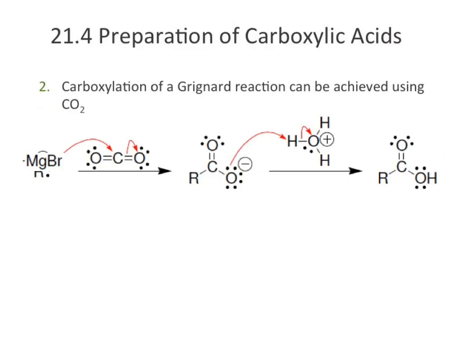The other thing we can do to make our carboxylic acid is that we can react CO2 with a Grignard reagent, everybody's favorite reagent. Grignards are that strong nucleophile. The carbon in CO2 is still a good electrophile. Why is it a good electrophile? We could look at a resonance effect.